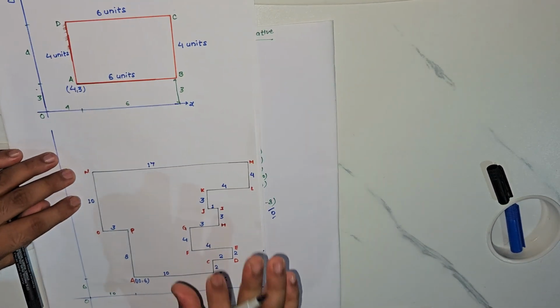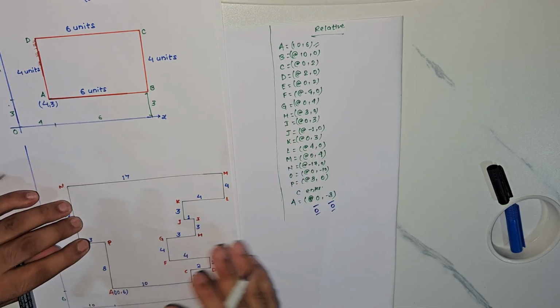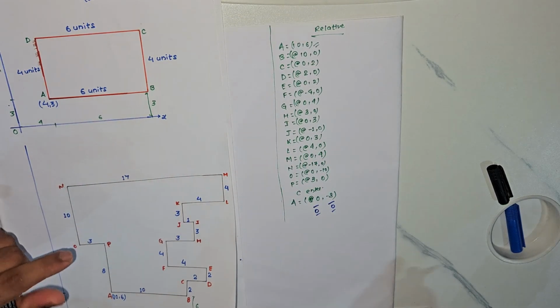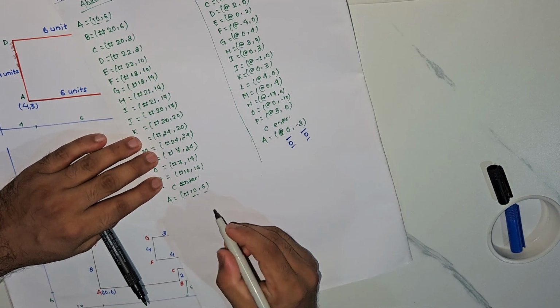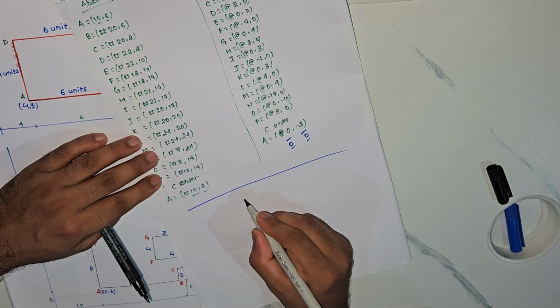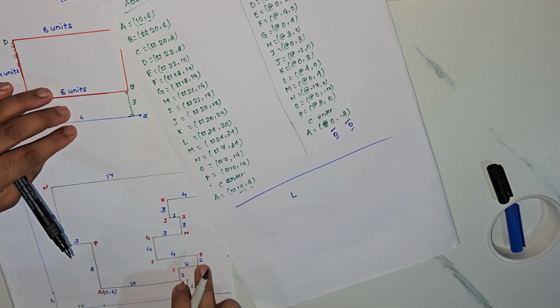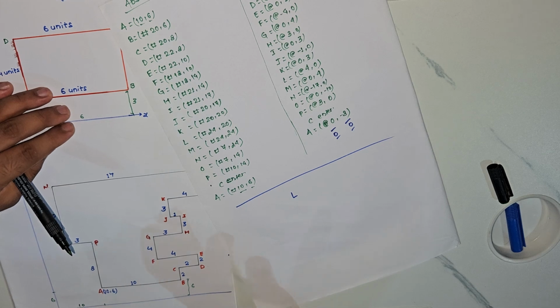Now we have to plot this figure in AutoCAD by using these coordinates that we have written. So let's see how you can do that. In AutoCAD, just go to the line command, suppose L, because these all are lines and we will be using the line command.